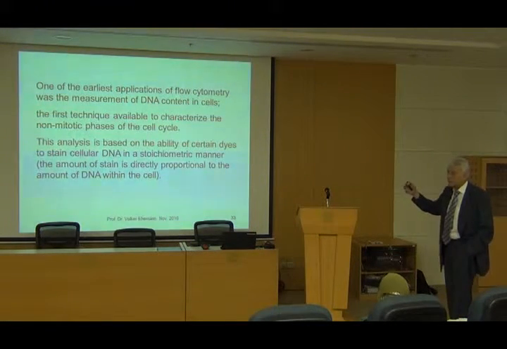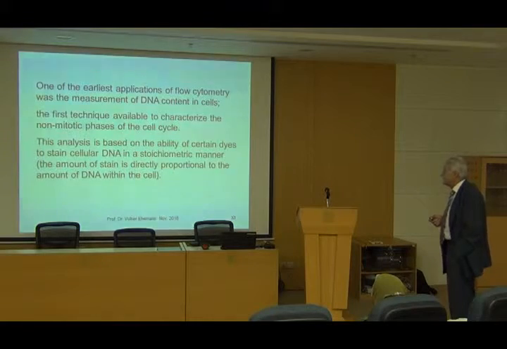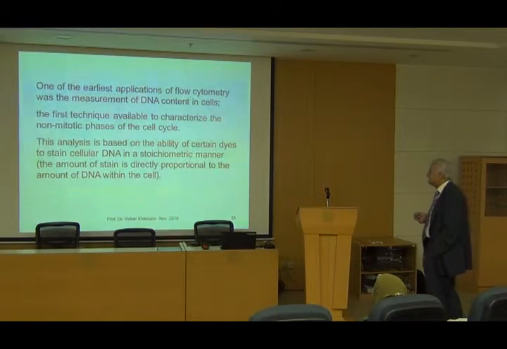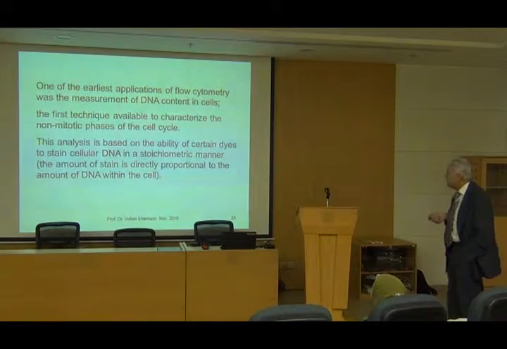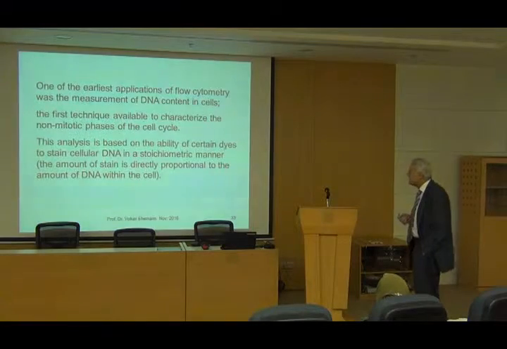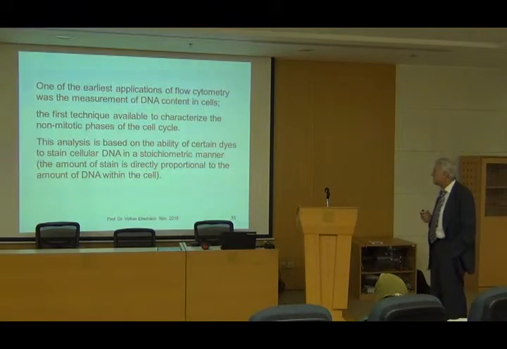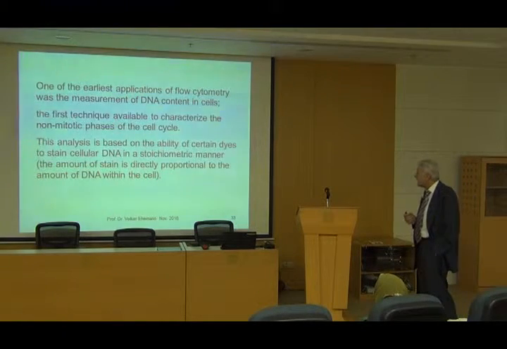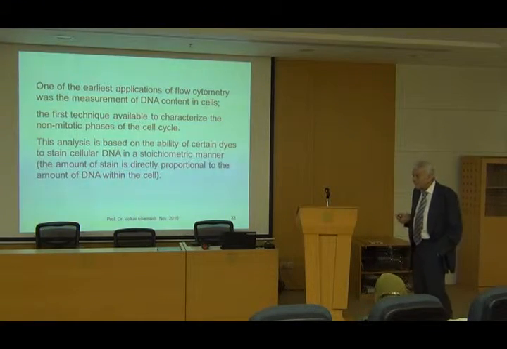This was the beginning of flow cytometry, the first technique available to characterize the non-mitotic phases of the cell cycle. This analysis is based on the ability of certain dyes to stain cellular DNA in a stoichiometric manner, which is directly proportional to the amount of DNA in a cell.